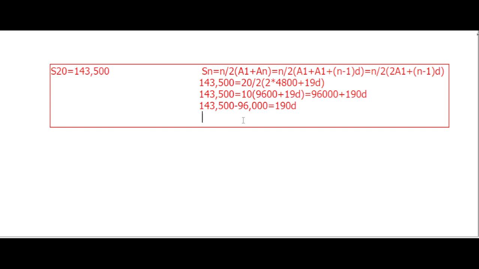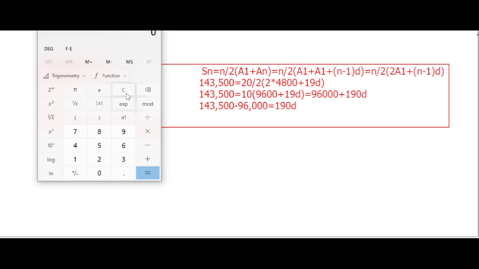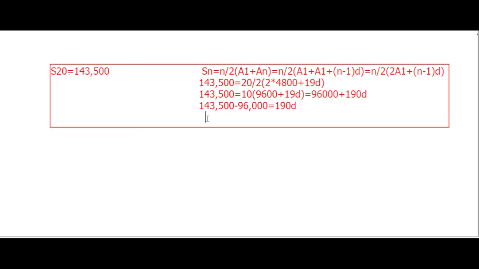Let's calculate this. 143,500 minus 96,000 is equal to 47,500. So 47,500 is equal to 190d. Let's divide both sides by 190.